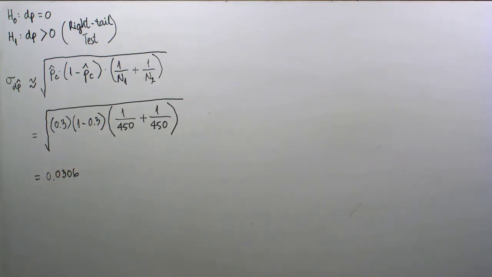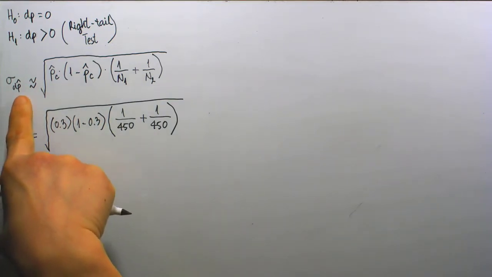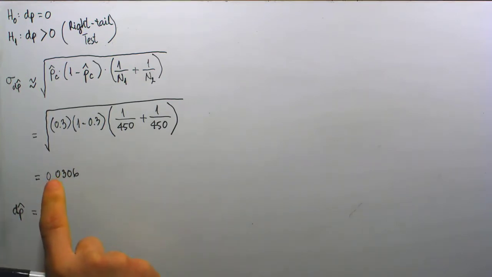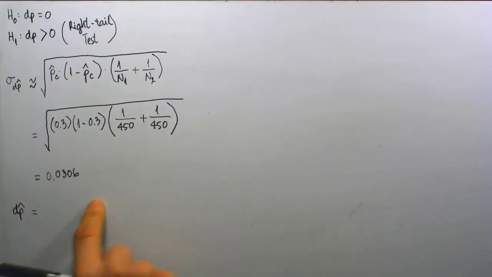So after calculating the approximate for sigma dp hats, now I'm going to advance over to looking at the value of our actual sample. So in this case, what we have here is a dp hat, the difference, the sampling difference between our two sample proportions. Now, for this particular lesson here, I am going a little bit off from the formal order of the steps.